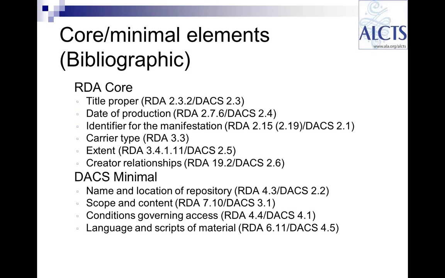But DACS also includes a set of minimal requirements, much of which overlaps with the RDA Core, but those elements that weren't included in RDA Core have been included under the DACS minimal requirements: name and location of repository through language and scripts of material. So I'll be going through each of those briefly.